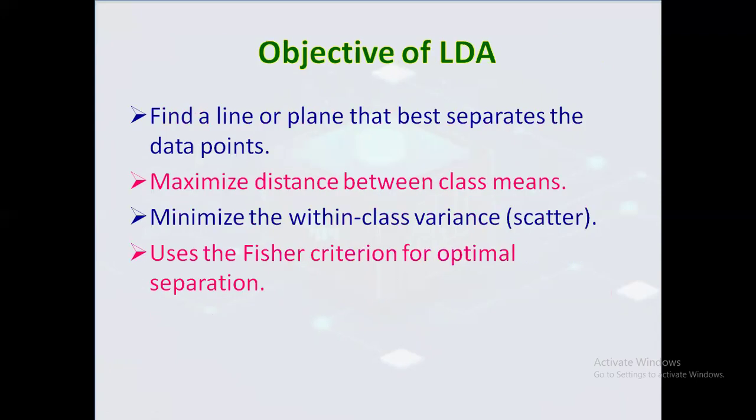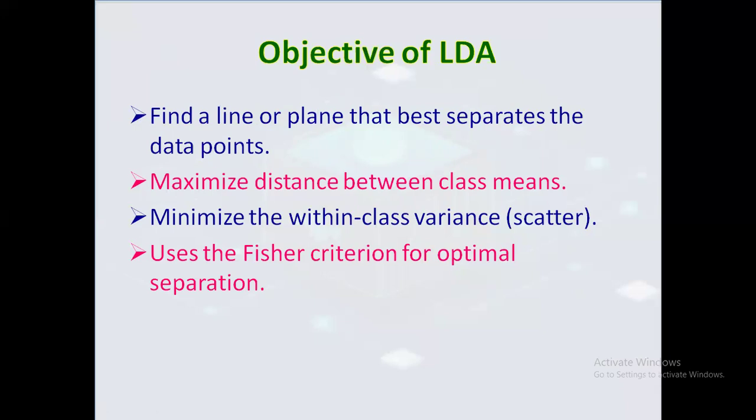And what are all the objectives of LDA, linear discriminant analysis? LDA aims to find a line or a plane that can separate data points of different classes in a way that enhances classification accuracy. This separation is achieved by maximizing the distance between the means of the different classes, ensuring they are far apart in the new space.